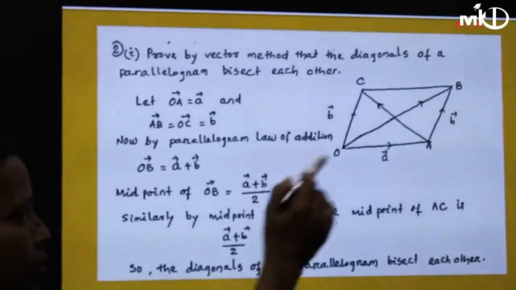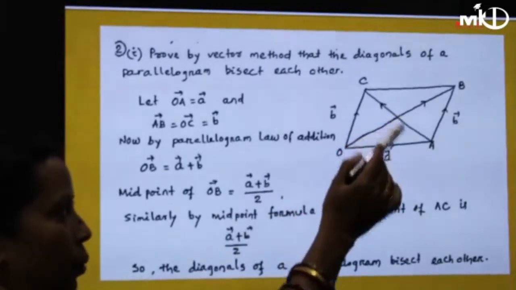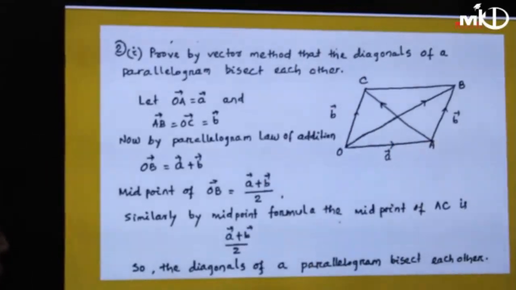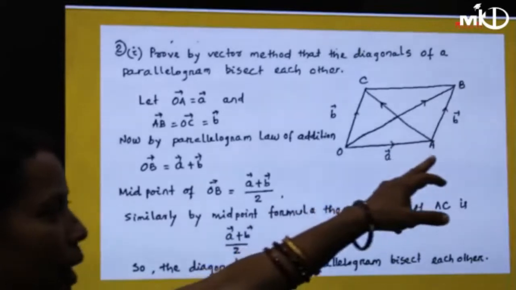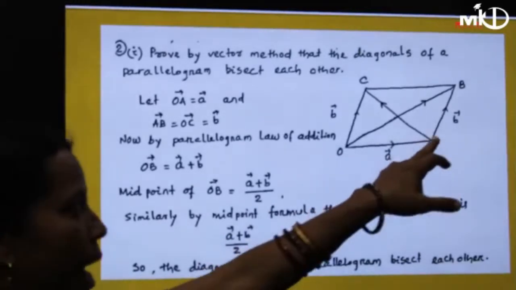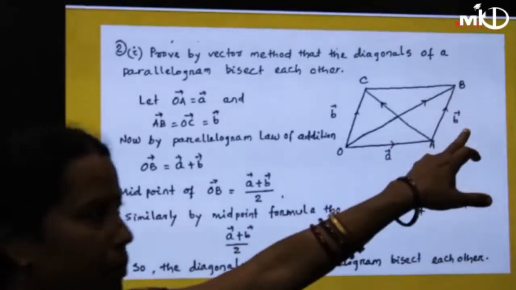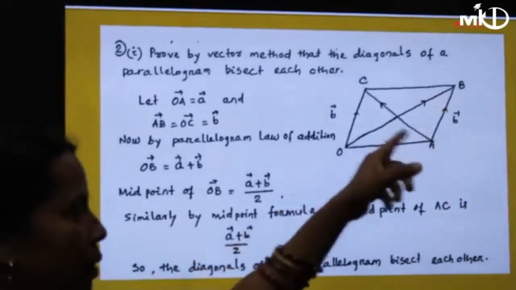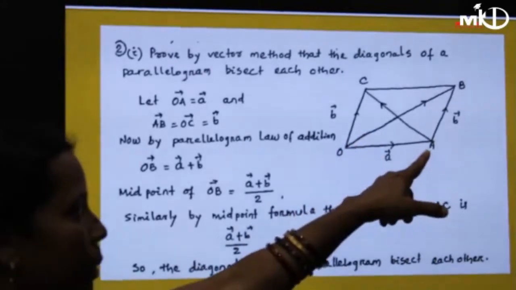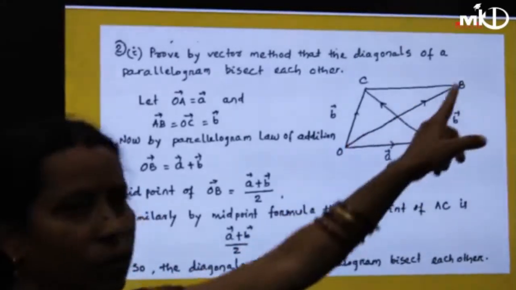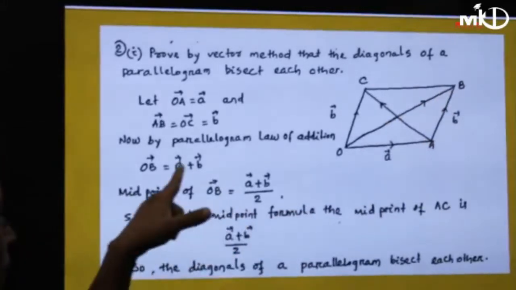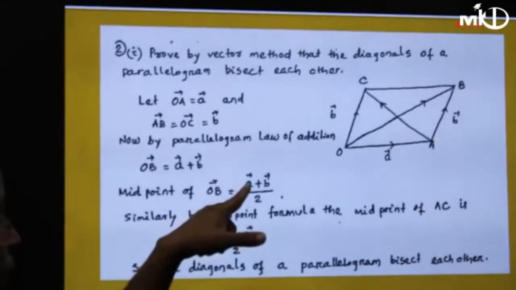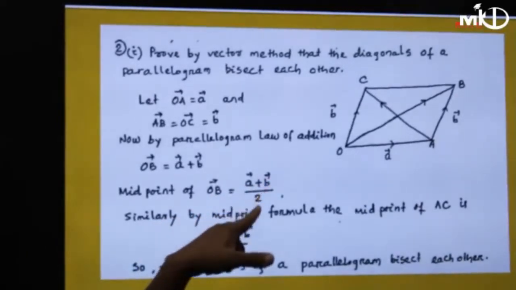That means the midpoints of the vector OB and the vector AC are the same. OA bar is a bar and AB bar is b bar, so what is OB bar? From the triangle law of addition, OA bar plus AB bar is equal to OB bar, so OB bar is a bar plus b bar. The midpoint of OB is vector a plus vector b by 2.